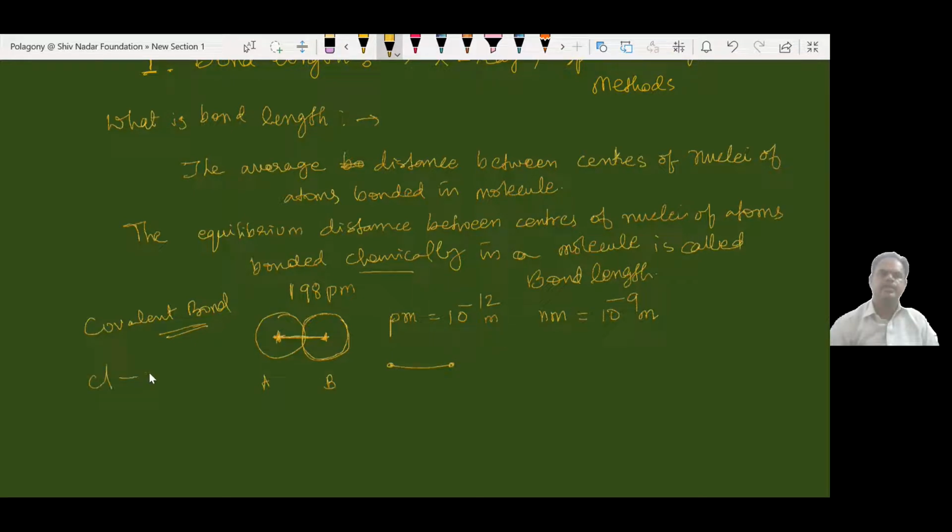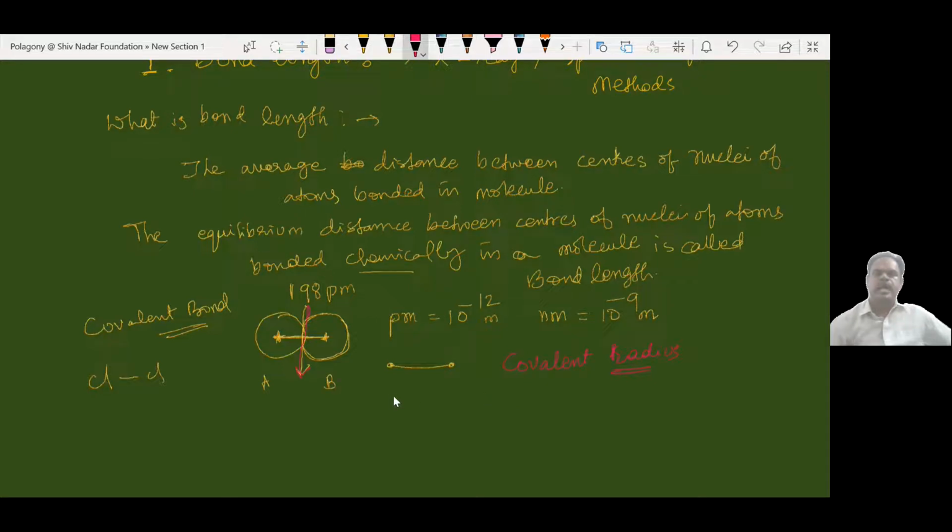Between chlorine and chlorine the bond length is 198 picometers. If you know the covalent bond length, half of this distance is what we call the covalent radius.